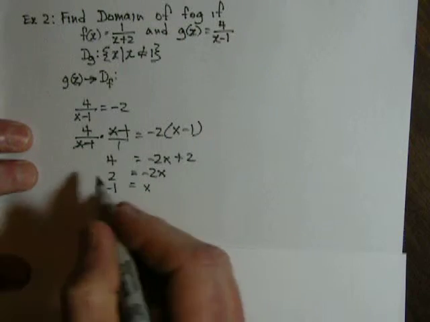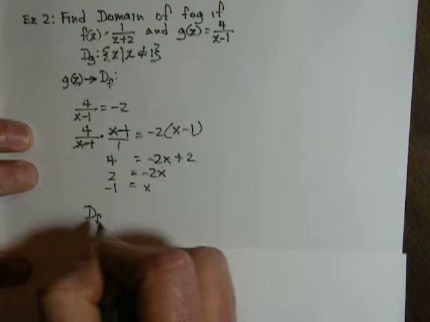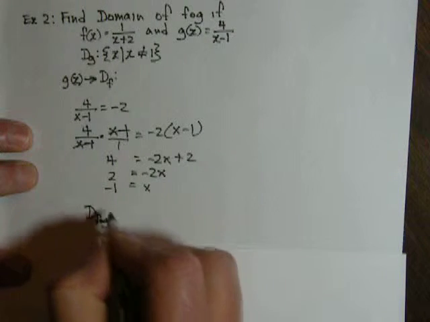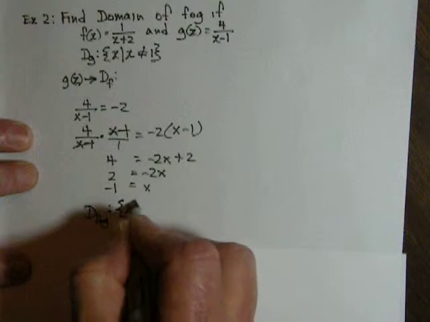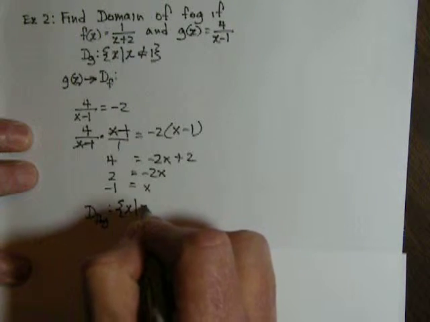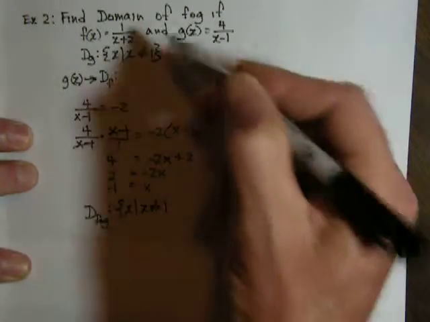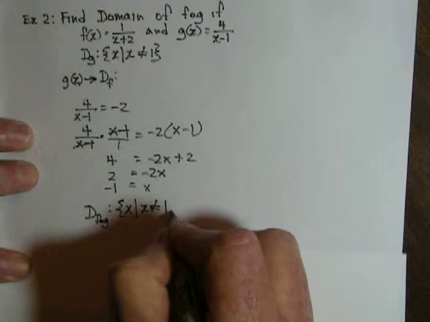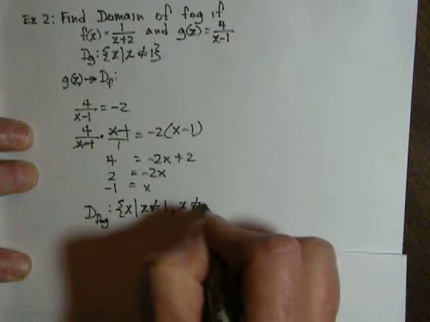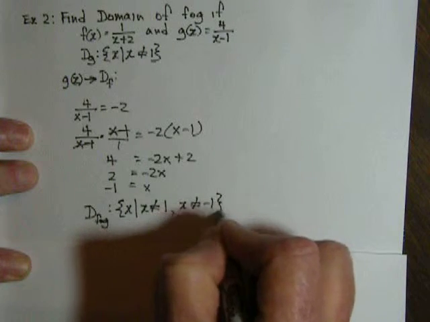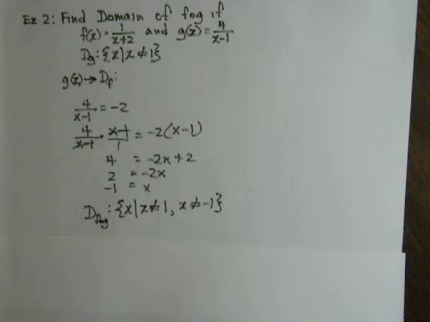So the answer to the question, the domain of f circle g in this case is going to be all x's except x cannot be 1 from up here. Also, x cannot be negative 1 from right here. And that is the domain.